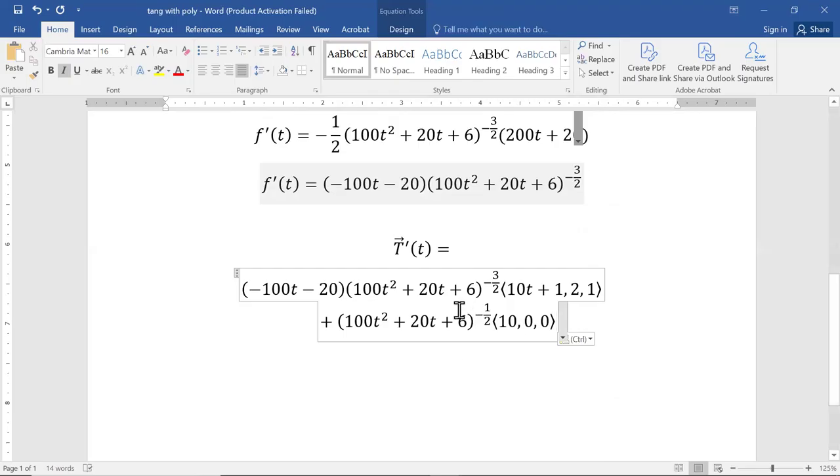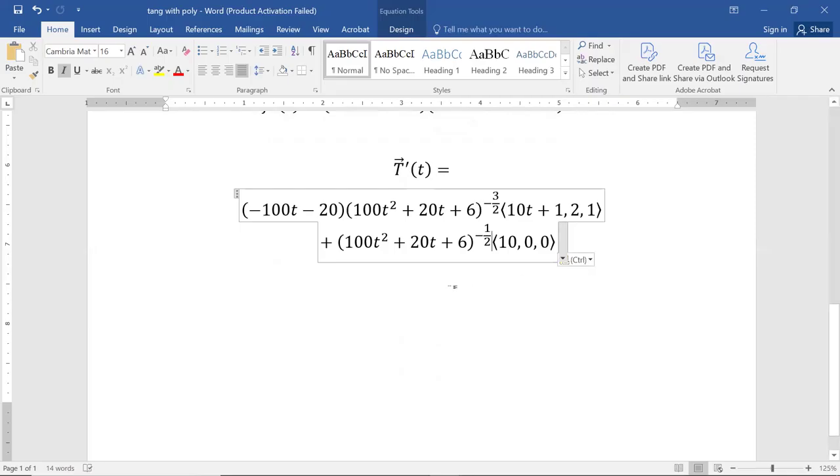And yes, this looks messy, but now that I've taken my derivative, I can shorthand some things and use a little bit of common knowledge to simplify what I'm going to do. I'll show you what I mean by that.